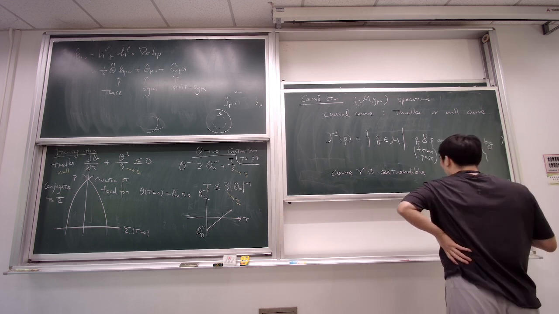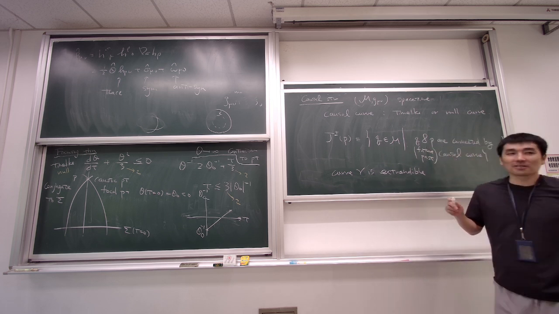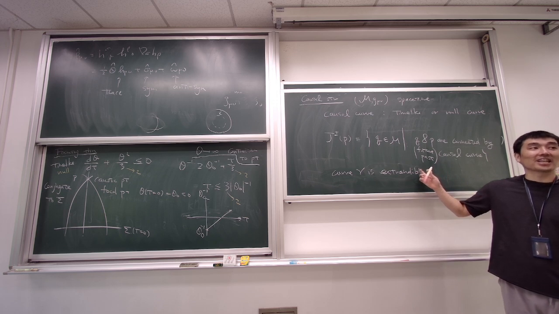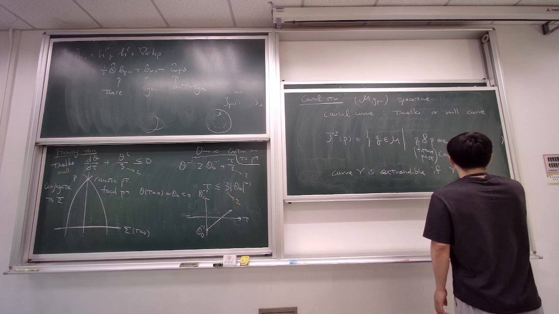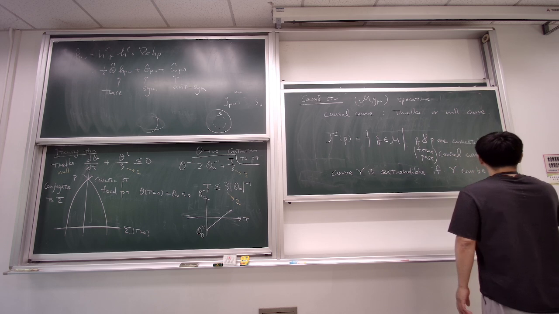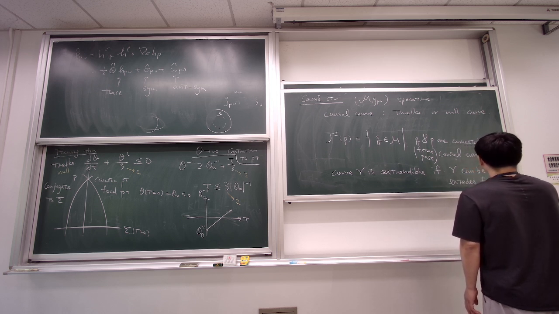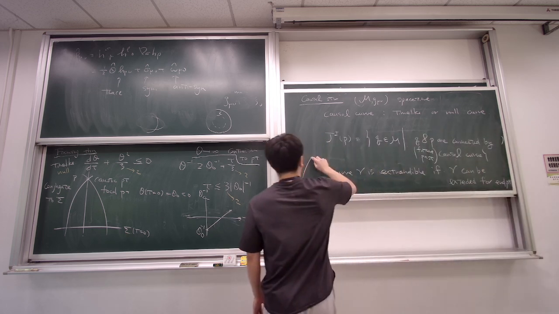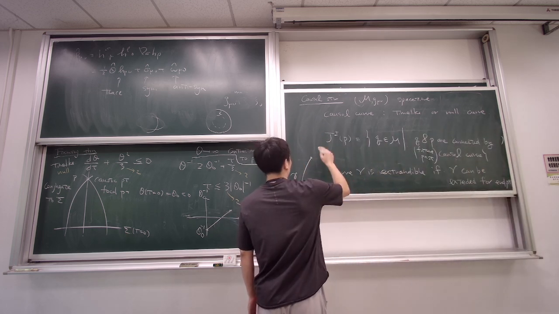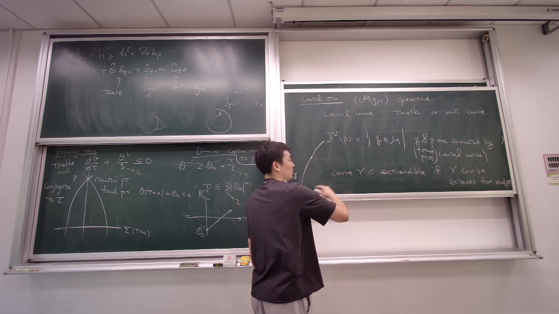I'm not a native English speaker, so I don't know which is correct. Anyway, if gamma can be extended from its endpoint, so if you have gamma going this way and it stops here, and in spacetime it can still extend this way, it's called extendable.